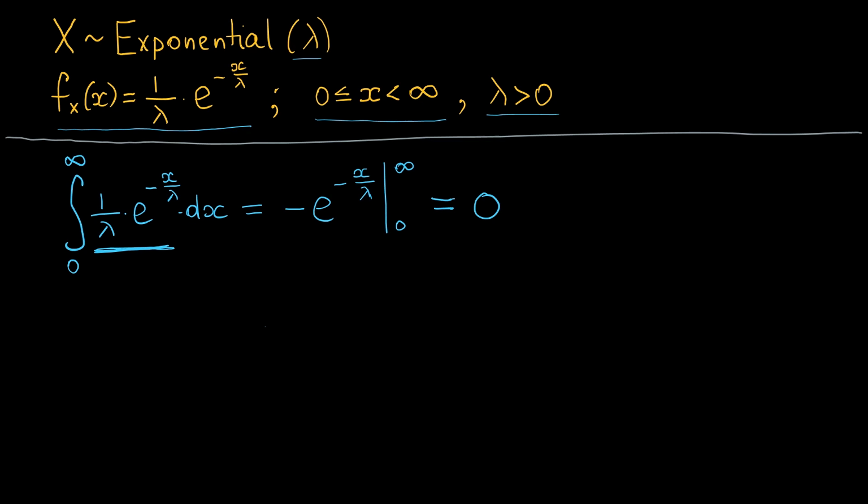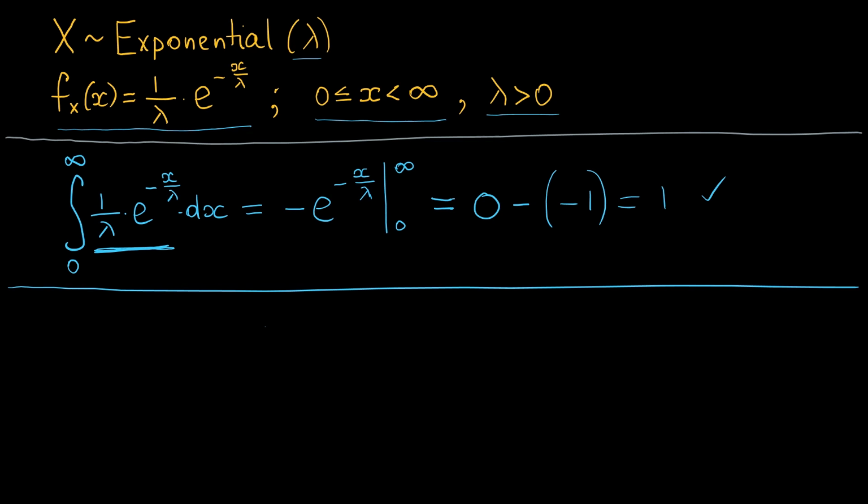And then when x takes on the value 0, e to that whole exponent will give us 1. But we gotta be careful with the minus sign here. There's a minus first, and then there's a minus 1. So we'll put it all together, and the two minuses give us a plus, and we verified that it does indeed integrate to 1.